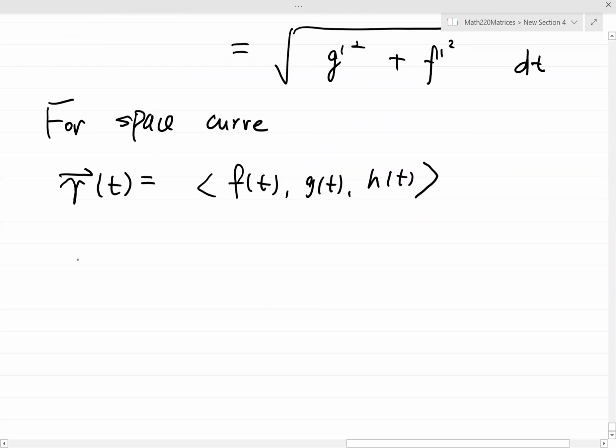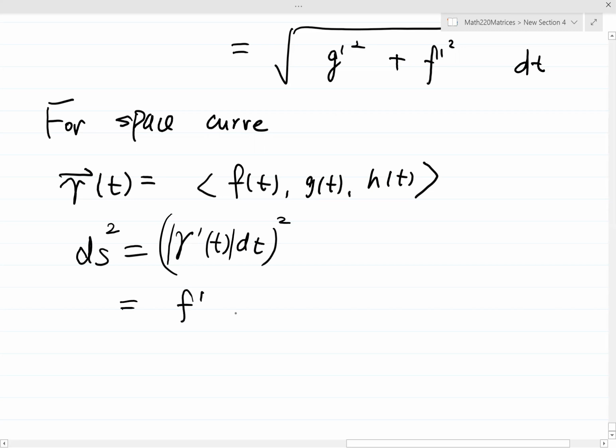Then ds squared is the norm of r prime of t, squared, times dt squared, which is f derivative squared plus g derivative squared plus h derivative squared, times dt squared.